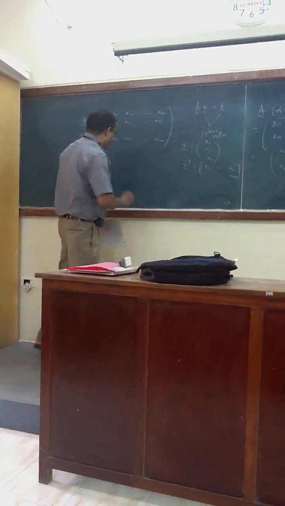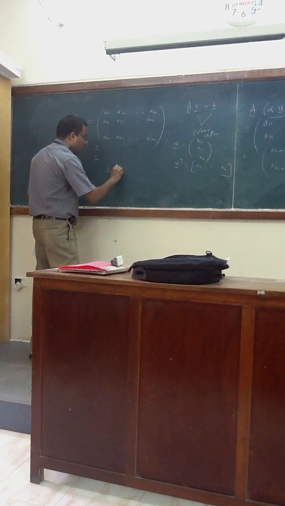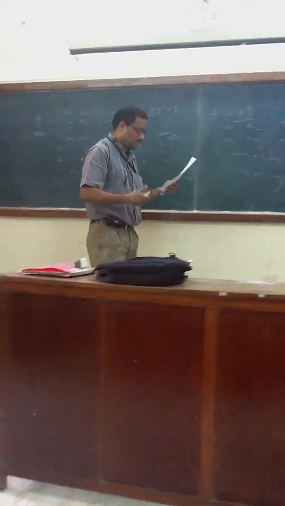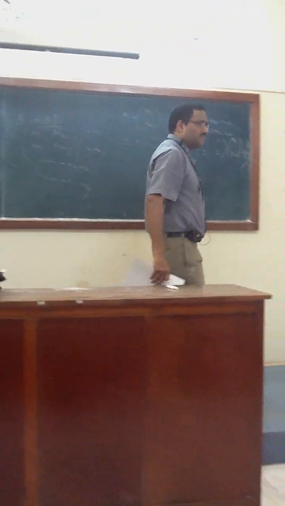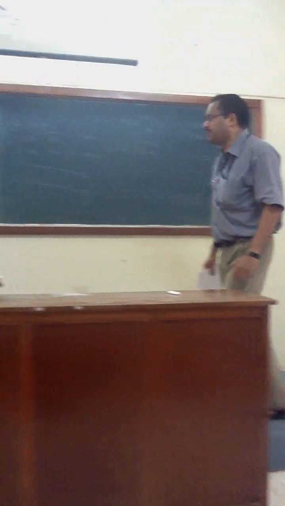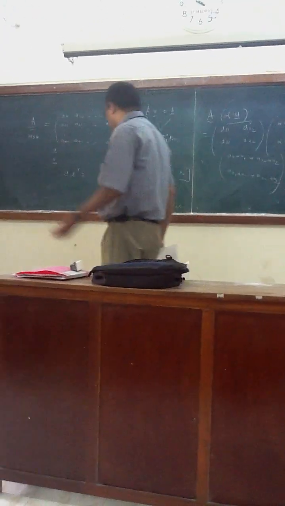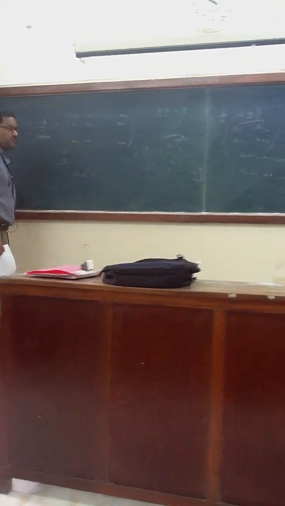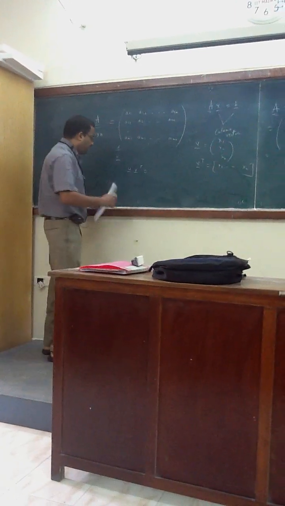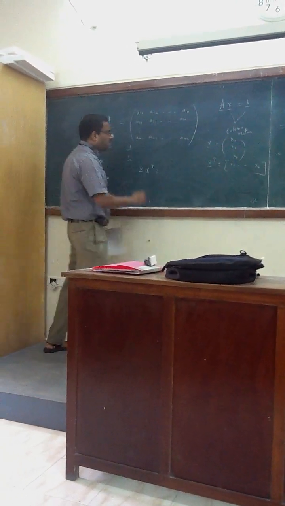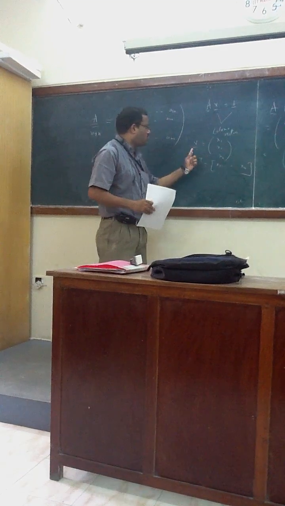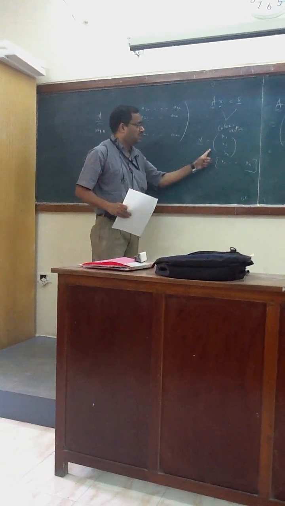Okay, so what will happen? U bar V bar transpose. Before doing the mathematics, we are all engineers, so try to use intuition. U vector: what is the order, how to write it in terms of m by n?